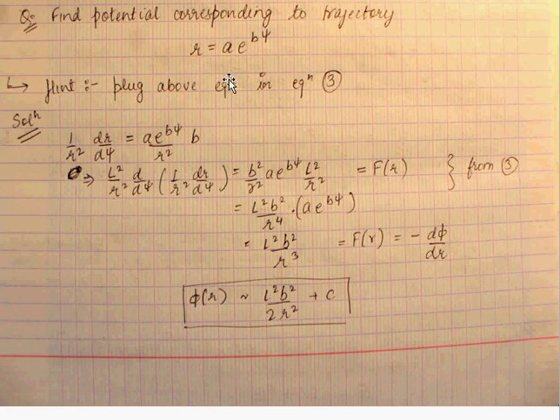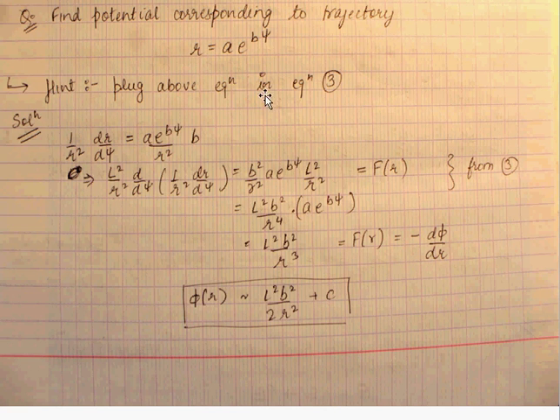So now let's try and solve this problem: find the potential corresponding to the trajectory given by r equals a exponential of b psi, where a and b are constants, psi is the azimuthal angle, and r is the position. So try and solve it by yourself. Don't look at the solution that's here.